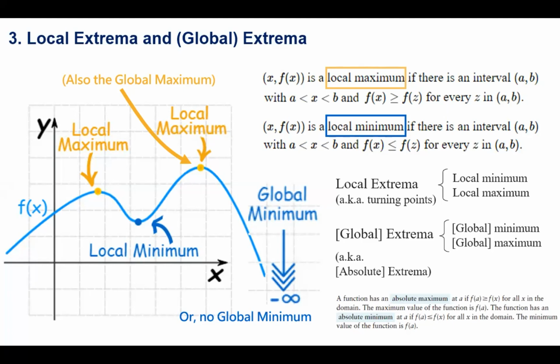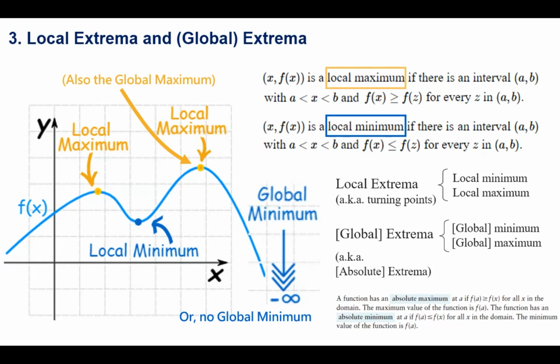Okay, first of all, let's have a look at the concept of local maximum and local minimum, which are summarized as local extrema. So f(x) is called a local maximum if there is an open interval (a, b), with x between a and b, and f(x) is greater than or equal to f(z) for every z in the open interval (a, b).